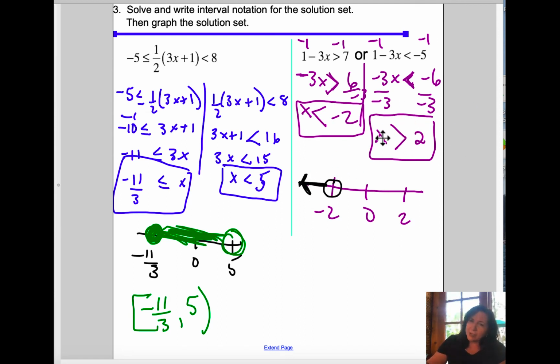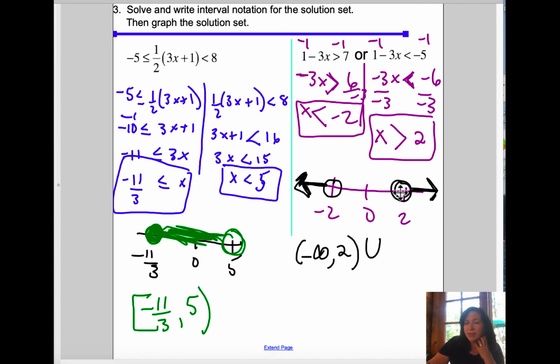This value here is saying x is greater than 2. Open circle again, going to the right. So in order to put this in interval notation, remember, domain, all the values, they go from left to right. So this again is going to be left, which is parenthesis -infinity, all the way to 2, but not including 2.